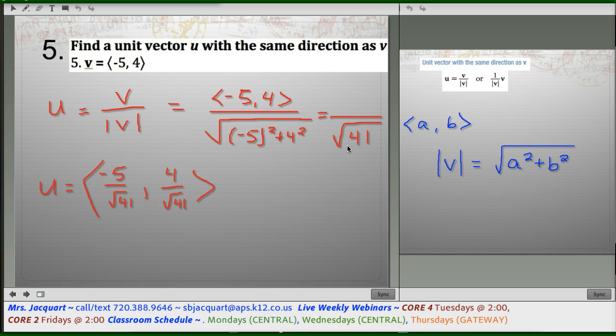We don't like that because we like to rationalize that denominator, so this equals negative 5 square root 41 over 41, comma 4 square root 41 over 41. So you should know how to rationalize the denominator at this point in your life.